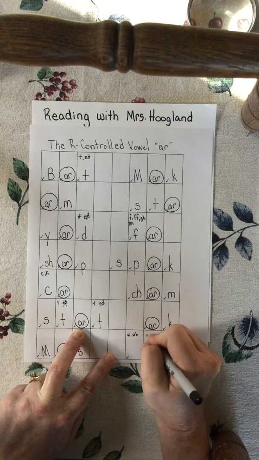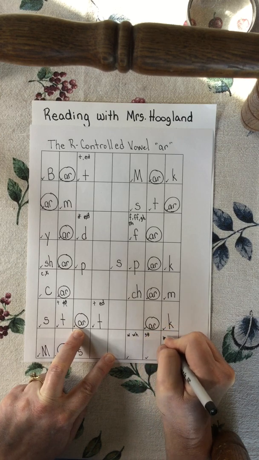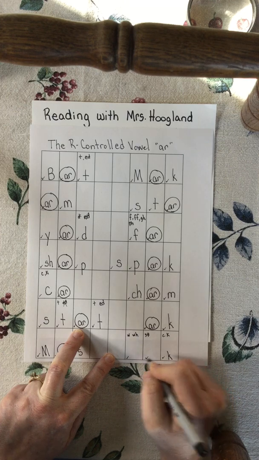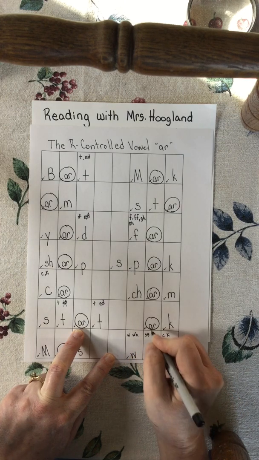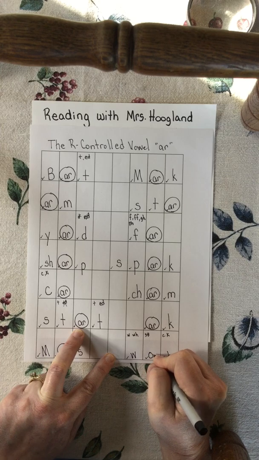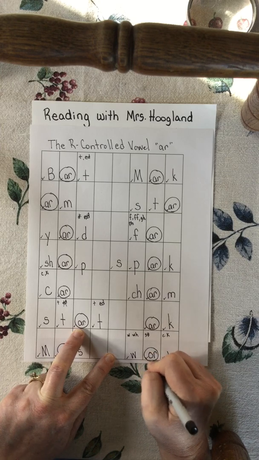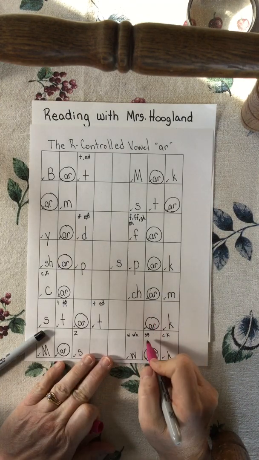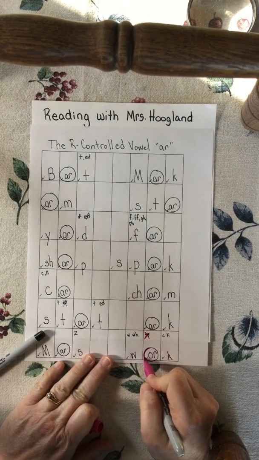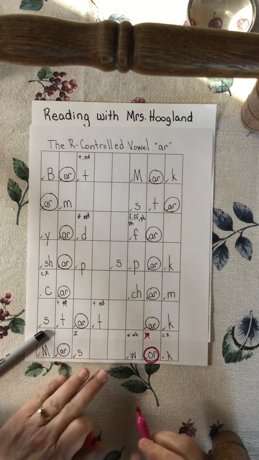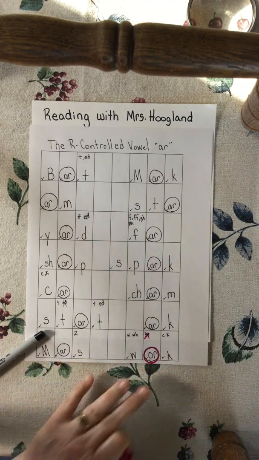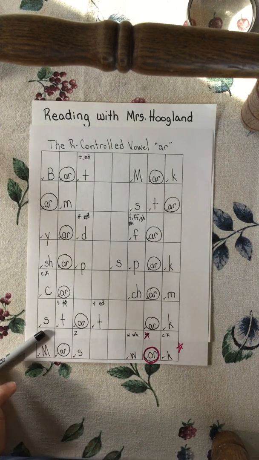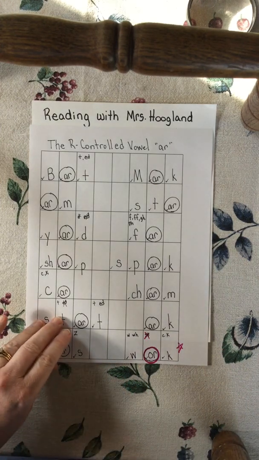And then we have K, which is either going to be a C or a K. Well, I know this is a K. I know this is a W. This is actually going to be the OR right here, and that, my friends, does not follow our pattern. OR doesn't say what it sounds like. This is an exception. I believe it was on my ER video as well, because it's an OR again.